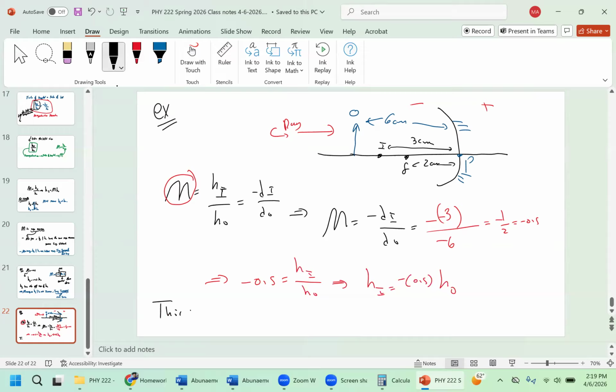So basically, if HO was 10 meters, HI is minus 5 meters, which is going to be inverted. If HO is 8 meters, that means HI is going to be half of that. Are you all with me so far?